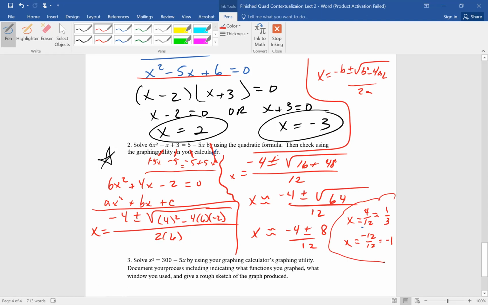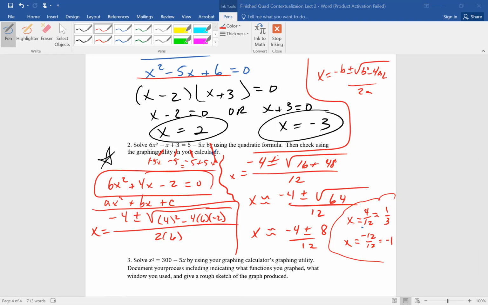Now, let's see what's on the calculator. Remember our function: 6x squared plus 4x minus 2, and I kind of got it started. Then let's see what that looks like on a graph, using my window from before.